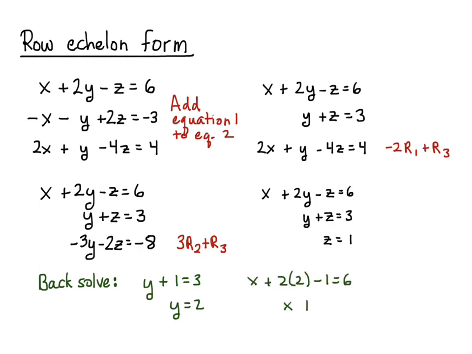And then in the next one, I'm going to substitute both my y and my z values, and so I'm going to end up with x plus 3 equals 6, or x equals 3. Okay, so my solution then is 3, 2, 1, and I'm going to write that as an ordered triplet.